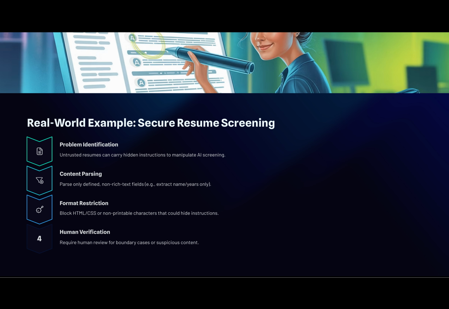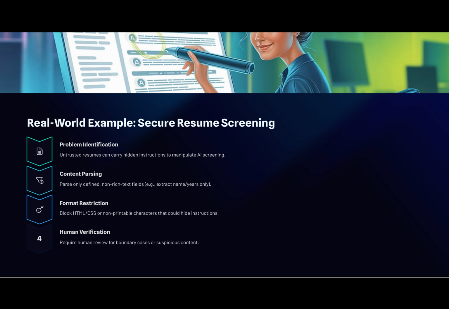Next is format restriction. The system automatically blocks any resumes containing HTML, CSS, or non-printable characters. These formats are common avenues for injecting malicious instructions that the AI could misinterpret. Finally, for extra precaution, human verification is required whenever the system encounters a boundary case or any content that triggers suspicion.